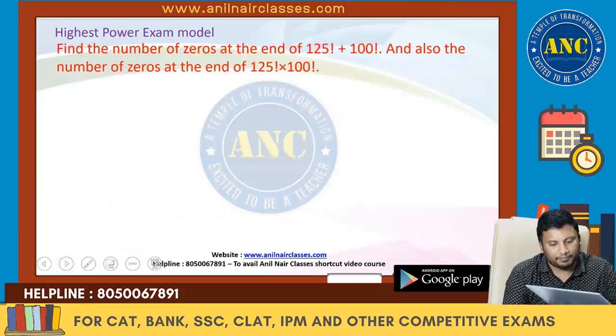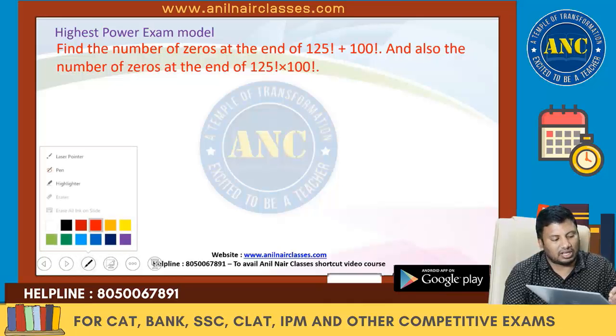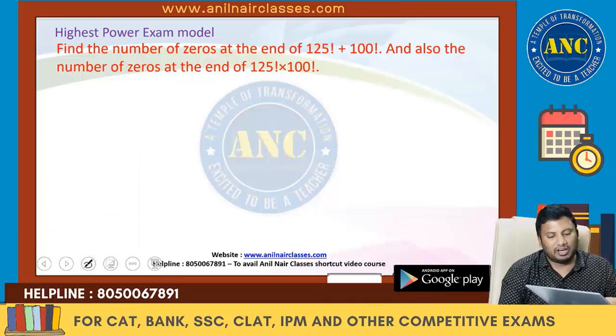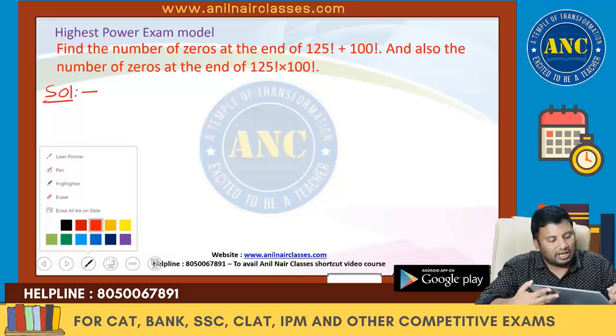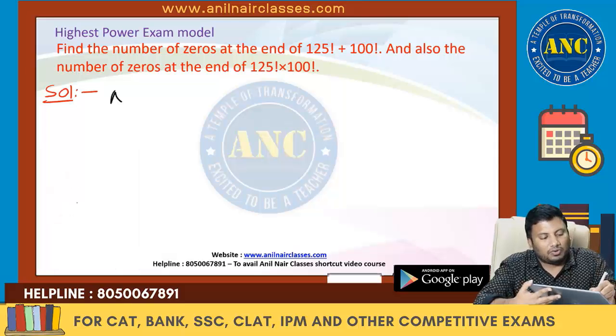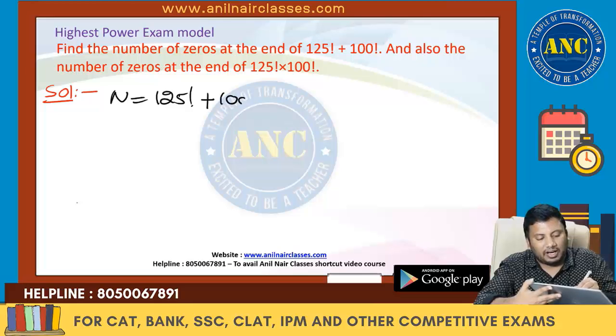Idea clear? Next one. These are all some of the logical questions, sir. Everything we have done in the class. Find the number of zeros at the end of 125 factorial plus 100 factorial.